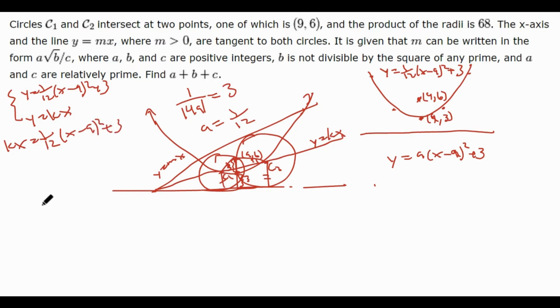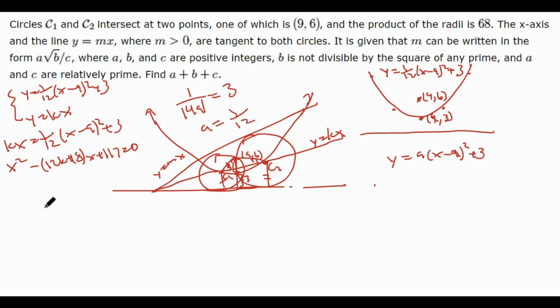Now, once we expand (x minus 9) squared and then rearrange some stuff, we get that this is equivalent to x squared minus (12k plus 18) x plus 117 equals 0. And now we know the equation, which gives us the roots as the x-coordinates of the centers of circles C1 and C2.